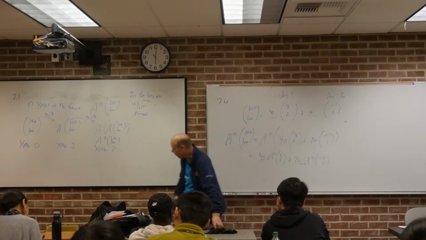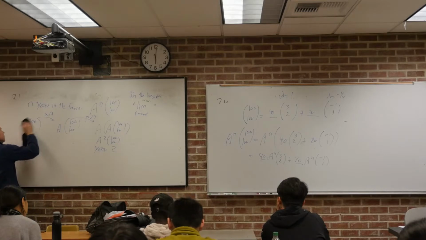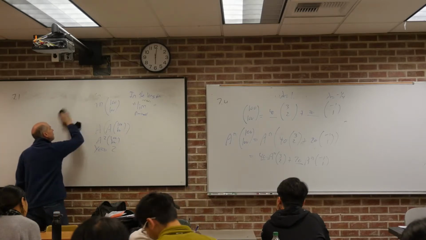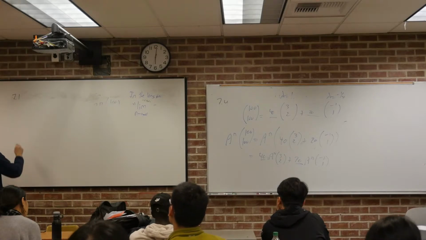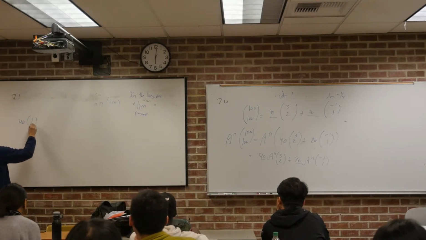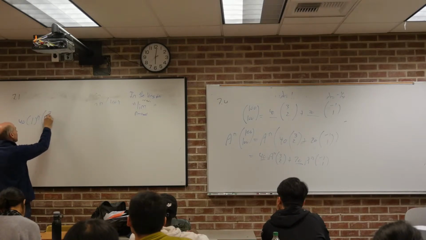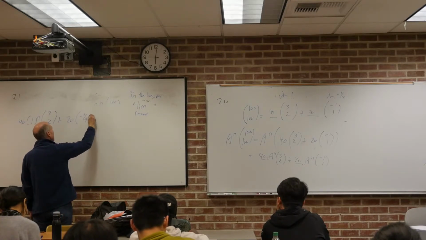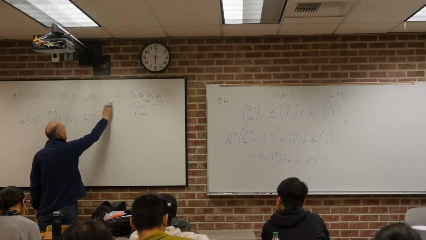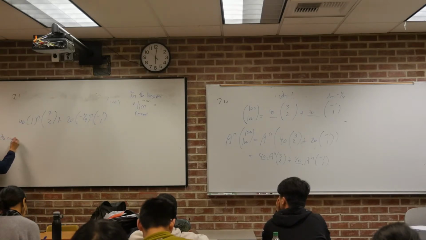So this expression is 40 times 1 to the n times 3, 2 plus 20 times negative 1/4 to the n times negative 1, 1.